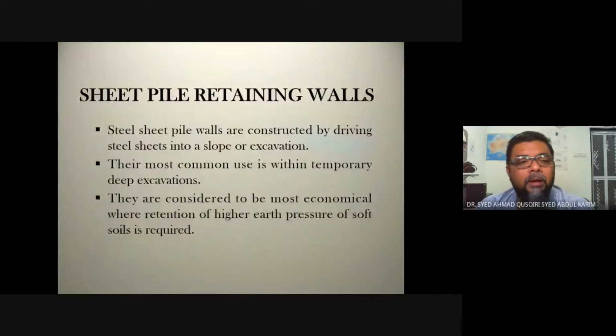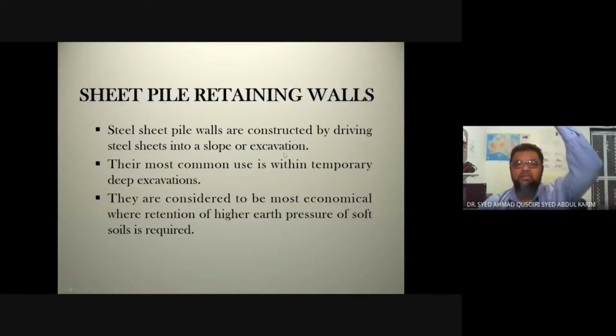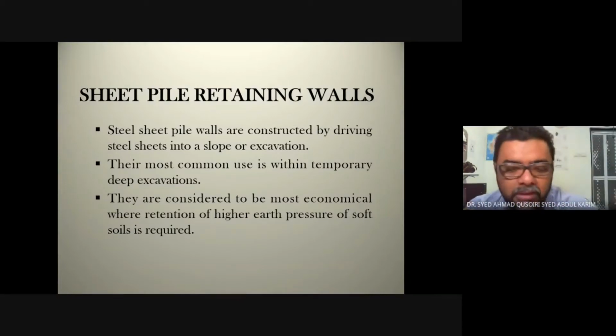Next is sheet pile. Sheet pile walls are constructed by driving steel sheet piles into a slope or excavation. You usually just drive it in or vibrate it into the soil. Normally it is used for temporary deep excavation, so we use sheet pile as a temporary retaining wall.